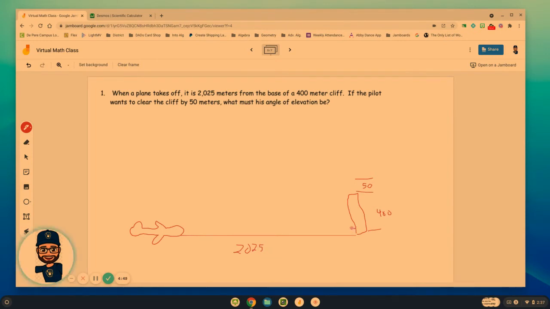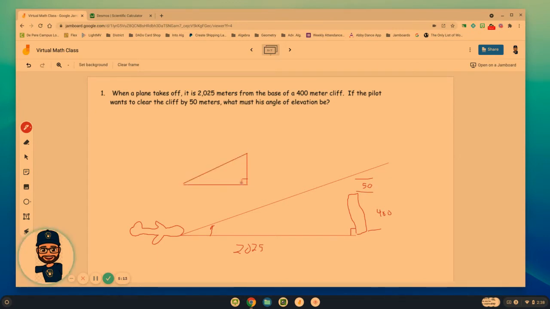So here would be our right angle. It wants to know at what angle must we start our ascent up into the air so that we clear the cliff by 50 meters. So in a sense, we have a triangle that looks like such.